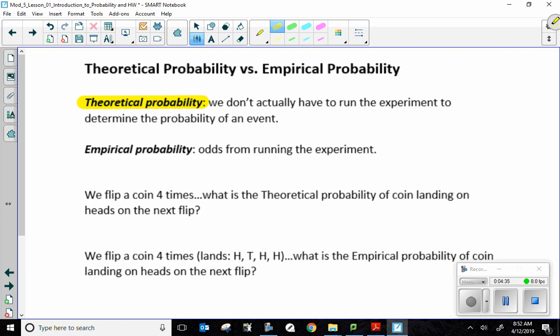I can figure out the probability just from my theory, and that's why it's called theoretical. In theory, I don't really have to run the event. I can mathematically assume, using logic and common sense, a guess on what we may or may not end up with. That is theoretical probability.